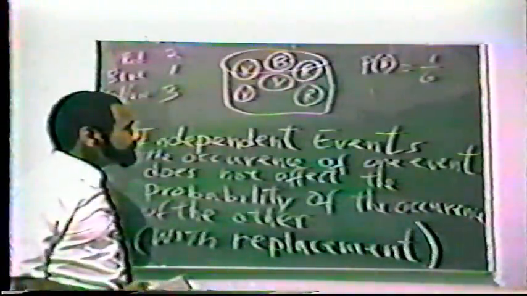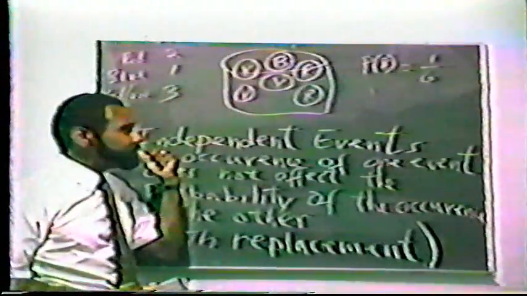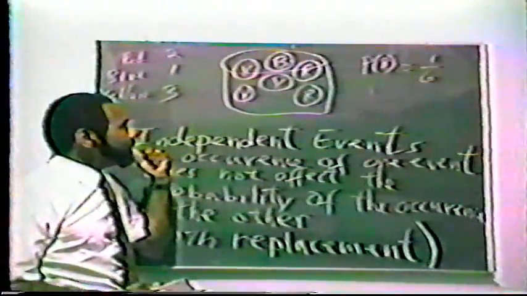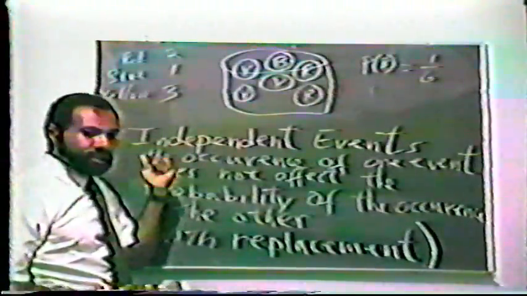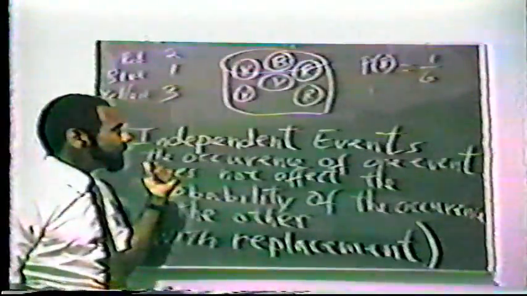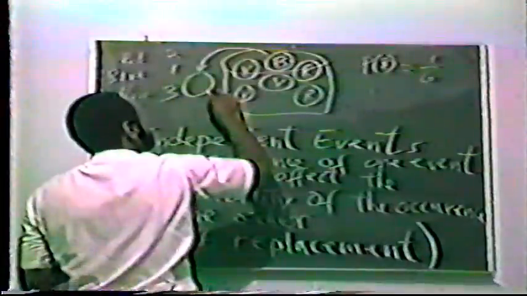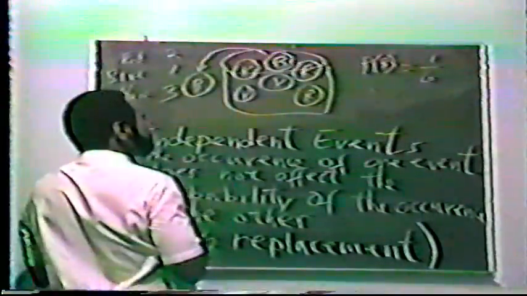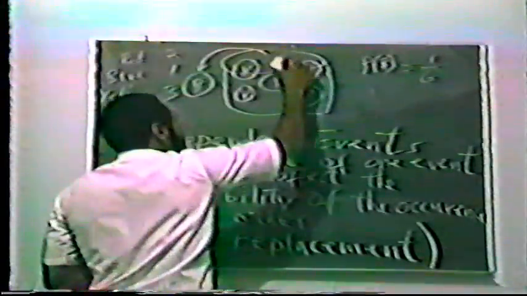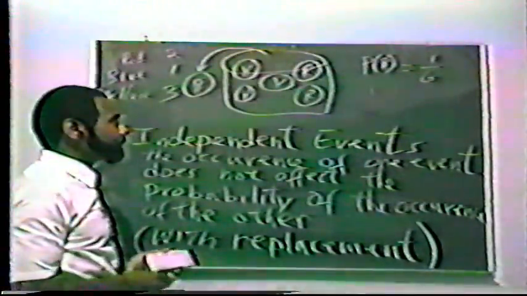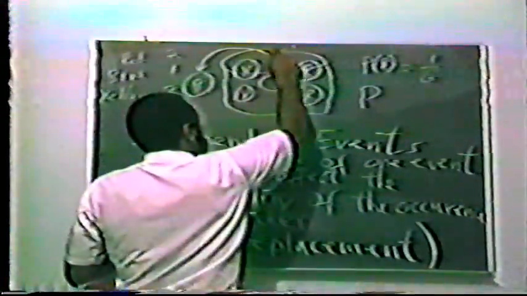Now, if we take the blue ball out, if the first ball we choose is a blue ball, on the second trial, we are taking the blue ball out. Well, let's look at it before we take the blue ball out first.